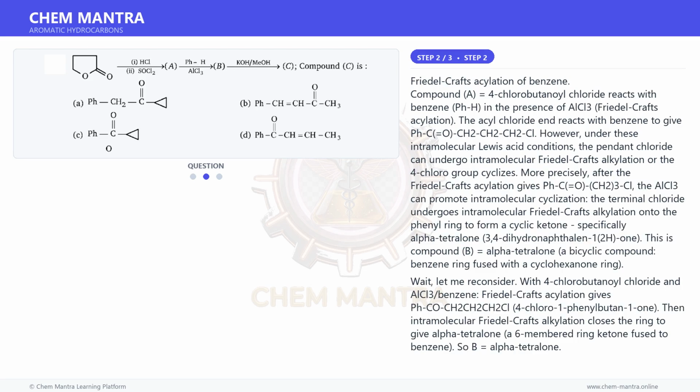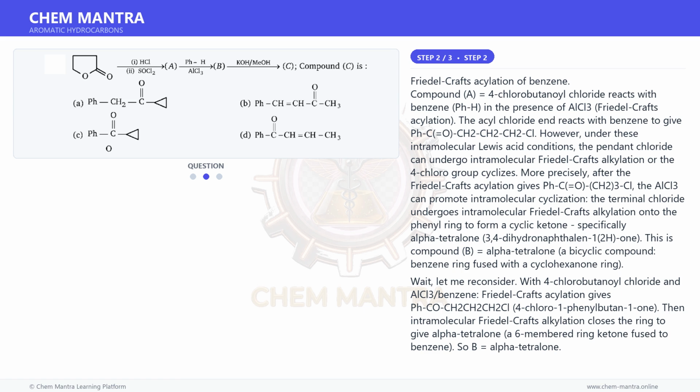Friedel-Crafts acylation of benzene. Compound A, 4-chlorobutanoyl chloride, reacts with benzene, PhH, in the presence of AlCl3, Friedel-Crafts acylation. The acyl chloride end reacts with benzene to give PhC=O-CH2-CH2-CH2-Cl.